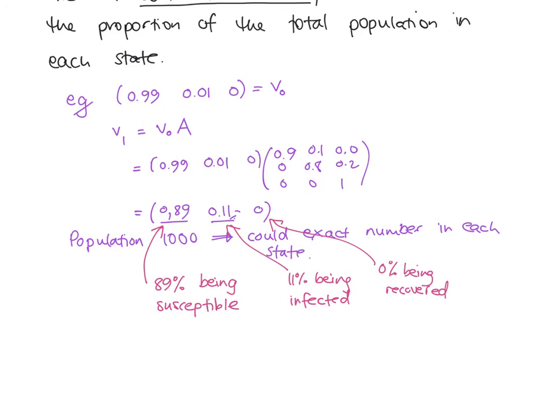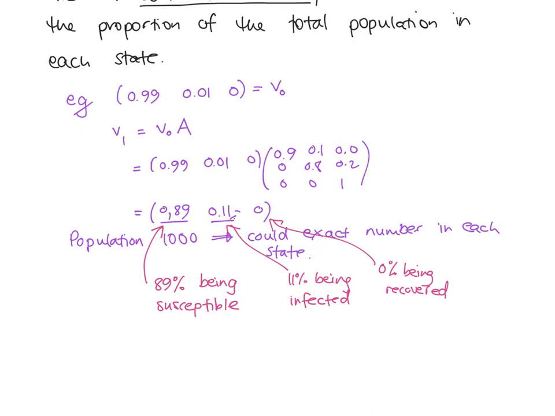So when we use a distribution vector, we can also talk about the probability of finding yourself in a particular state after 1 week, 2 weeks, and so on. So that's another reason why you might use distribution vectors rather than population vectors, but the maths works exactly the same.